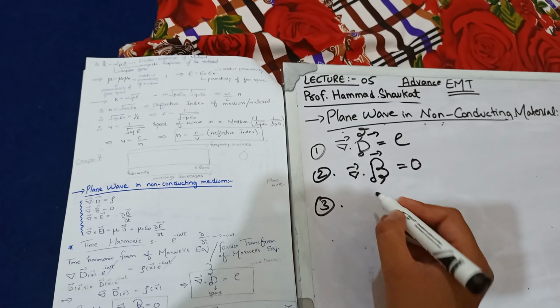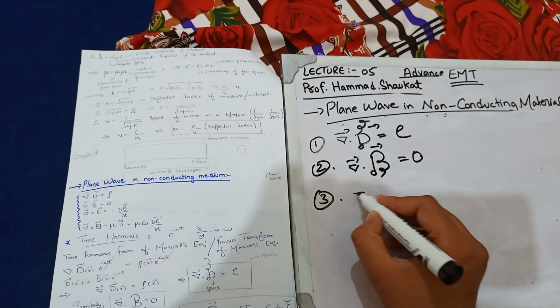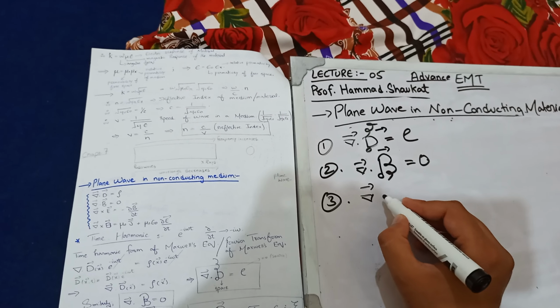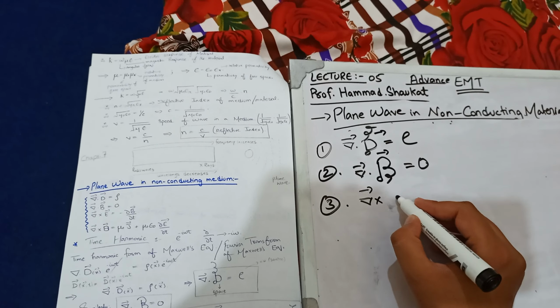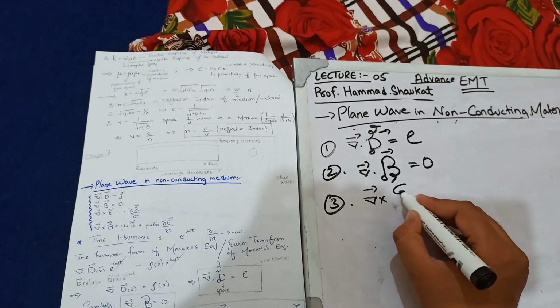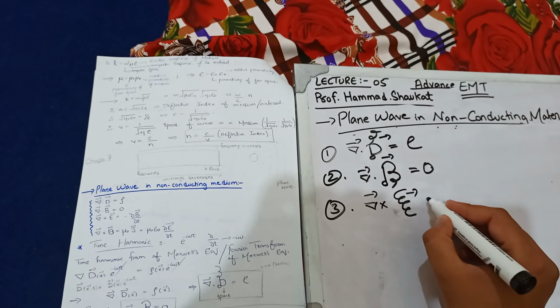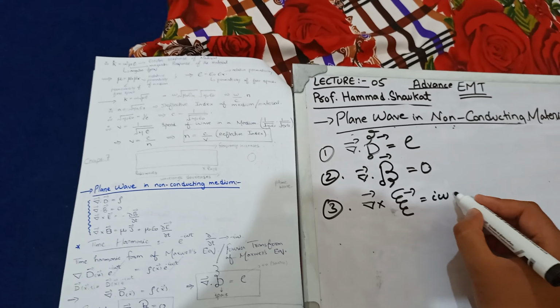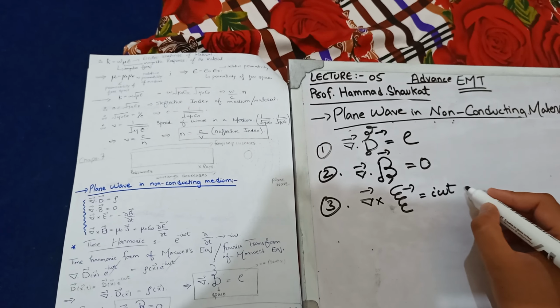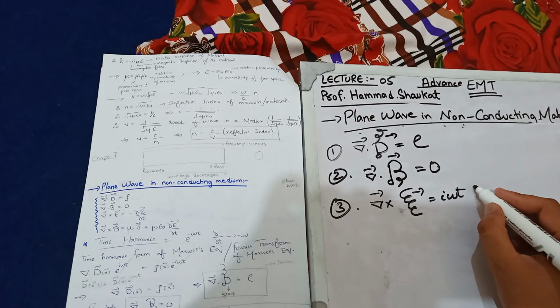Similarly, your third Maxwell's equation becomes the curl of the electric field, which equals iota omega times b, because it is basically the change in magnetic field.